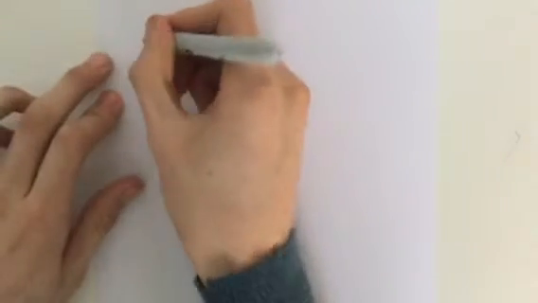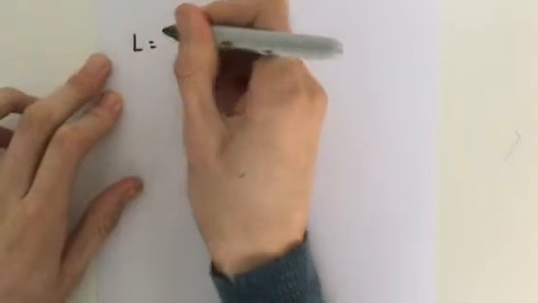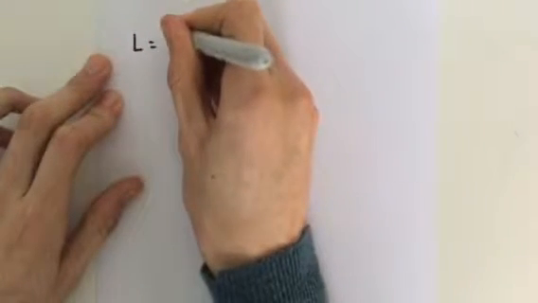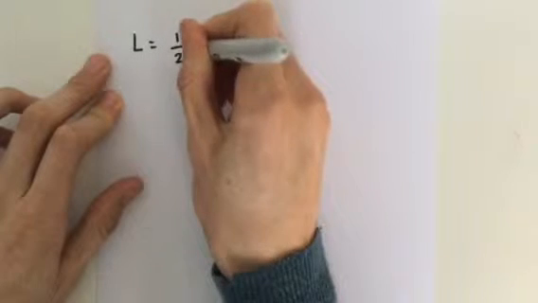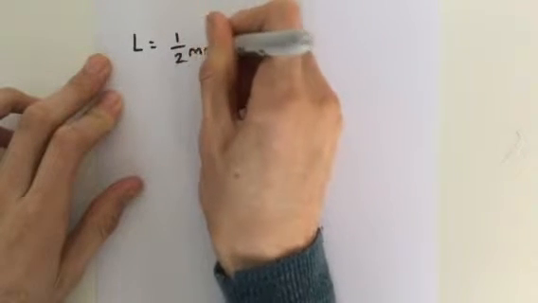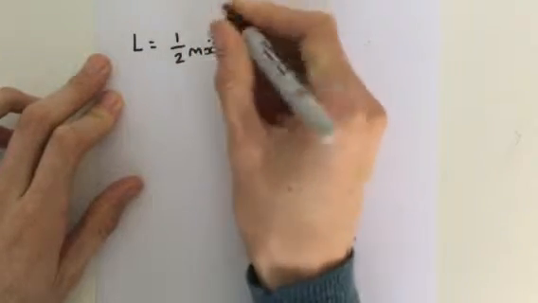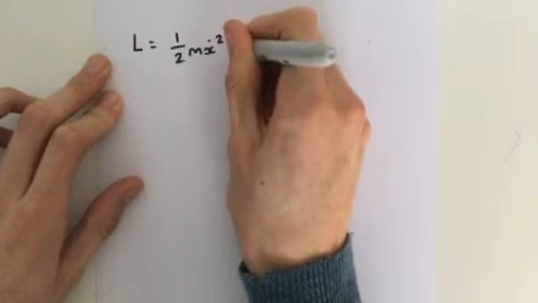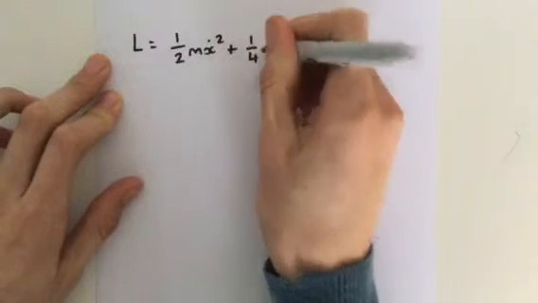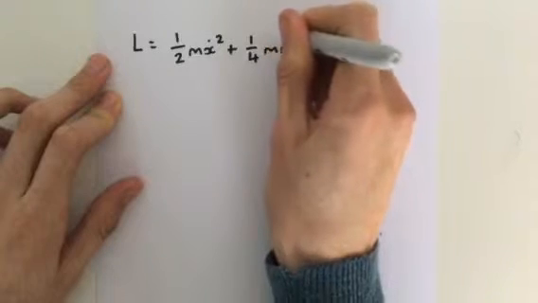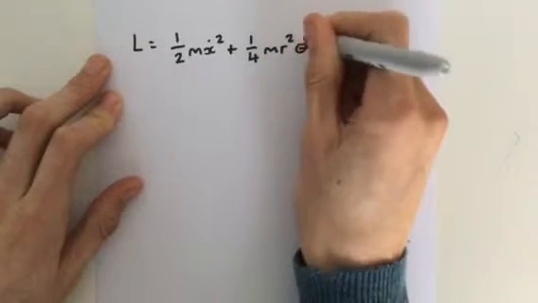So I'll write it out again. We have our Lagrangian equaling a half mx dot squared, and then we add a quarter mr squared theta dot squared.